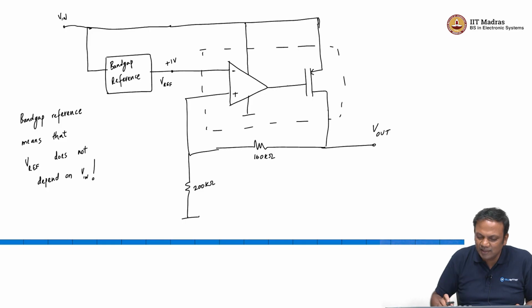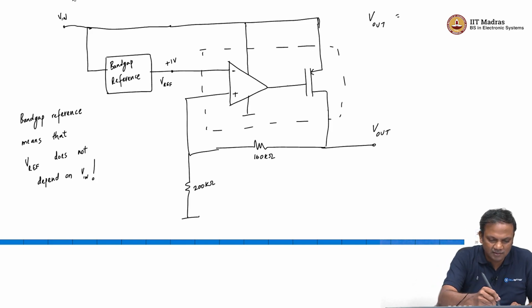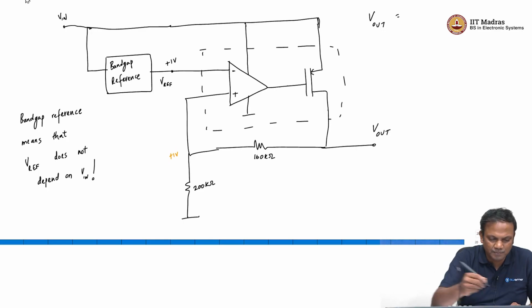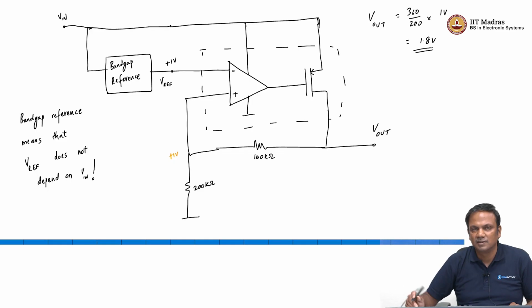So, what you will quickly realize is that if that reference is 1 volt, then this will also go to 1 volt because of negative feedback. So, V out will be equal to 360 by 200 into 1 volt, which is 1.8 volt, right.